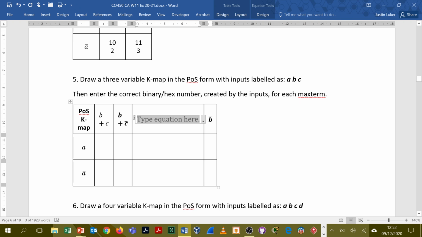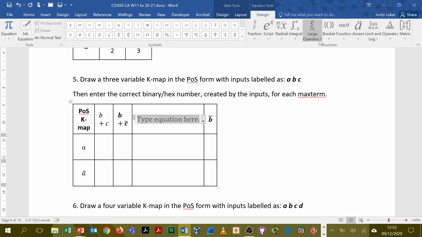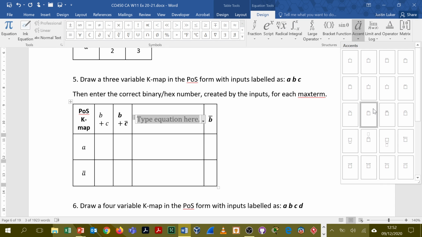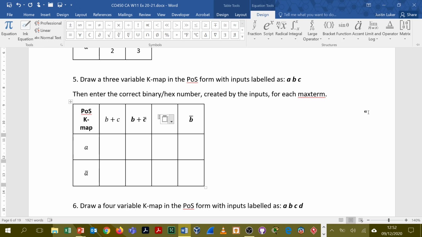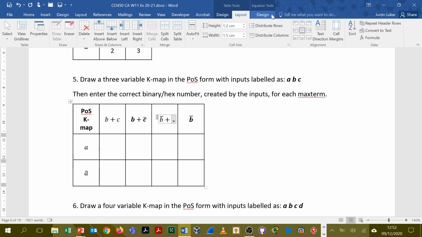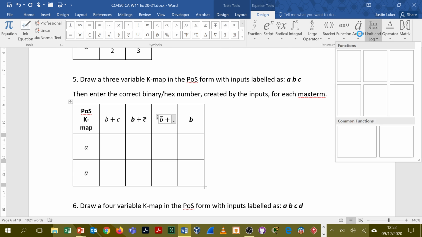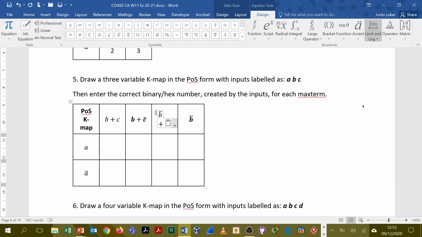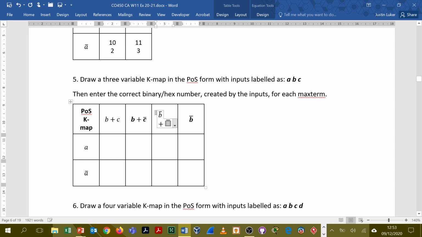So let's just put in, so then it becomes not B or not C. Like I said, it's a bit fiddly doing it in Word.